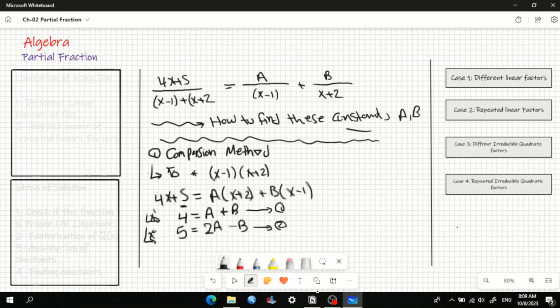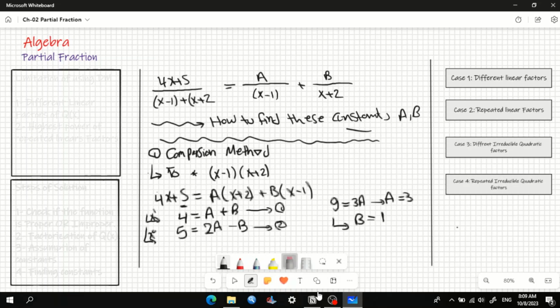By a simple way, just add 1 to 2. So here I will obtain 9 equal to 3a, so a equals 3, and from any one of these I will obtain b equals 1.